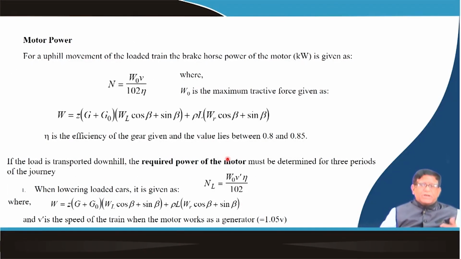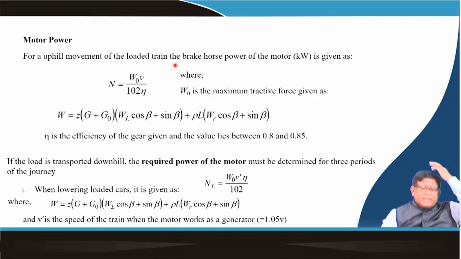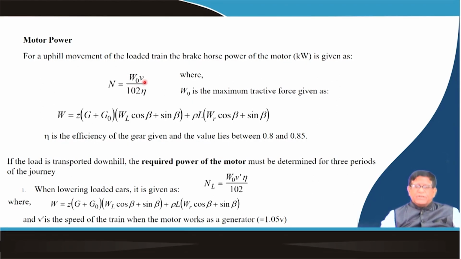So, for the motor power requirement, if you know the total tractive force required, and you know the velocity, then by these equations you can find out the total motor power required. This total maximum tractive effort will depend on the number of cars, total weight, then grade resistance, and the total resistance coming over here.